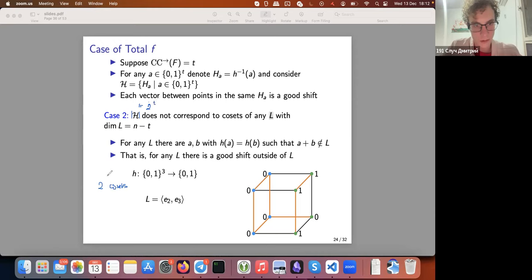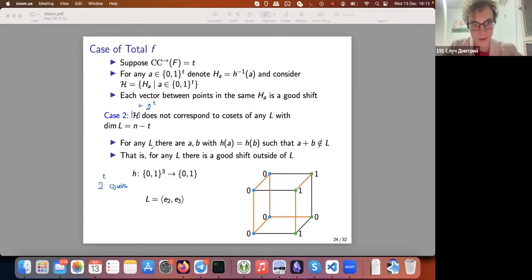And they don't coincide, so there must be a class that intersects at least 2 cosets.